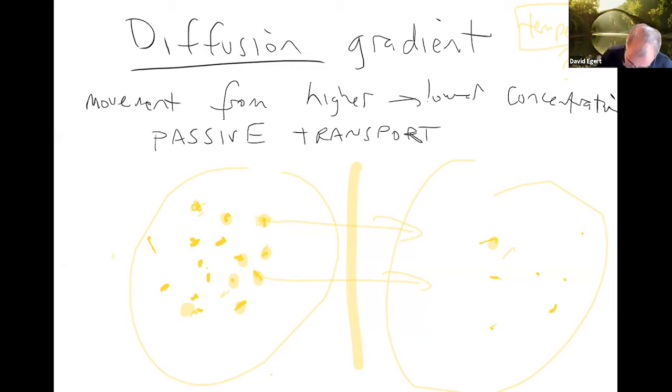So it's important to realize, I'm saying passive transport, you don't have to add energy for diffusion to happen, but there is energy already there in just the things zipping around. And if you want to think about how diffusion actually works, they don't want anything.